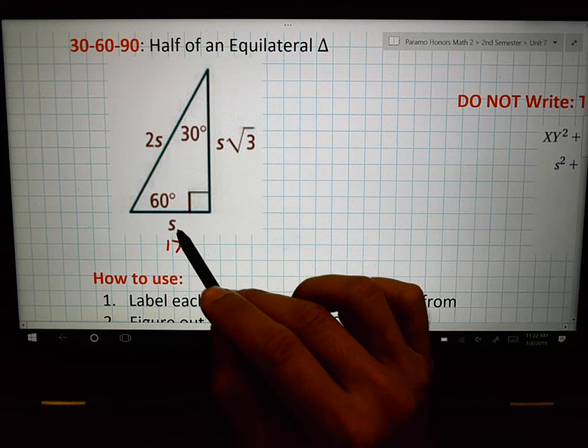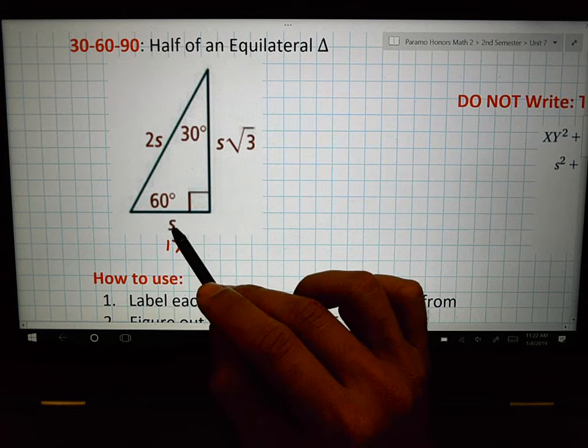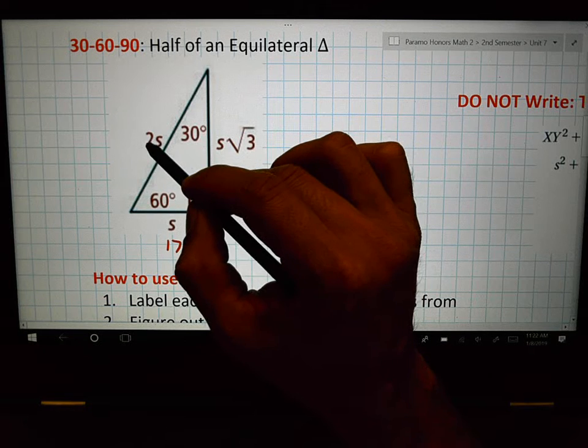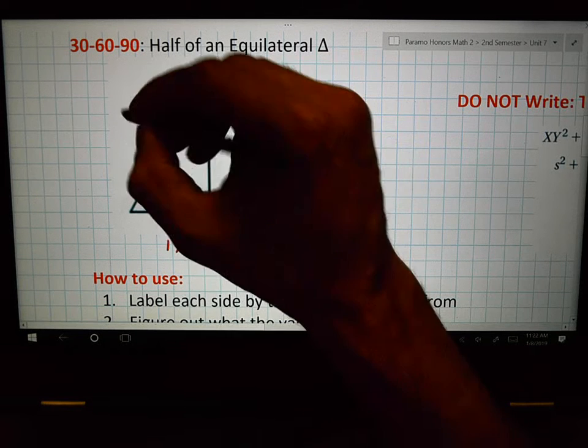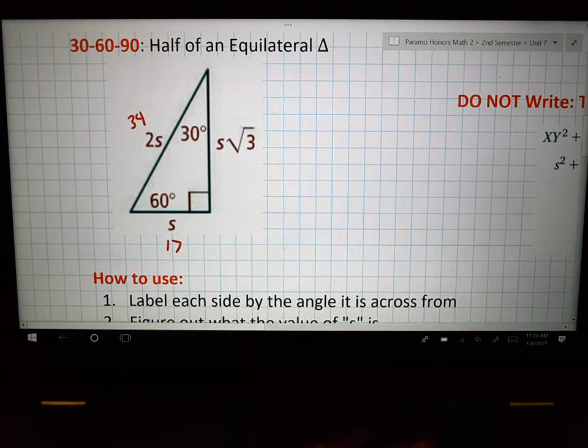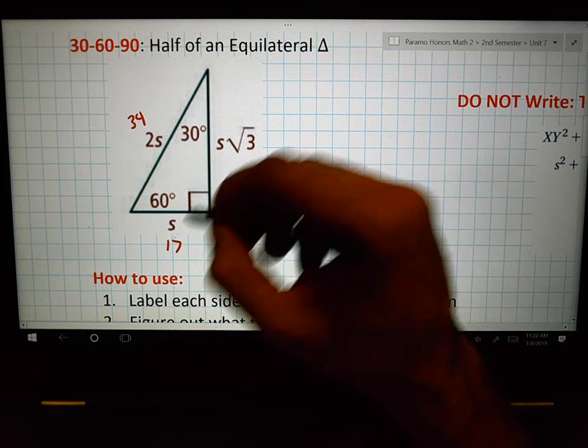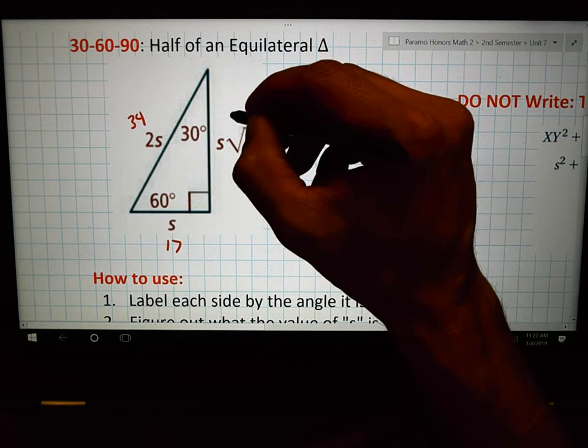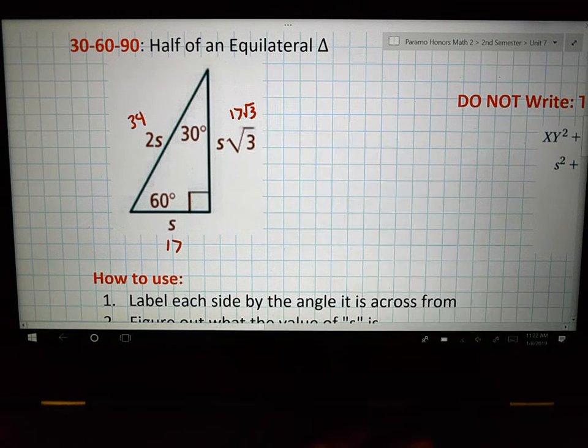Since this side is 17 and that's S, then over here 2 times S would be 2 times 17, or 34. And this other side, since S is 17, it's S times root 3, so it'd be 17 root 3.